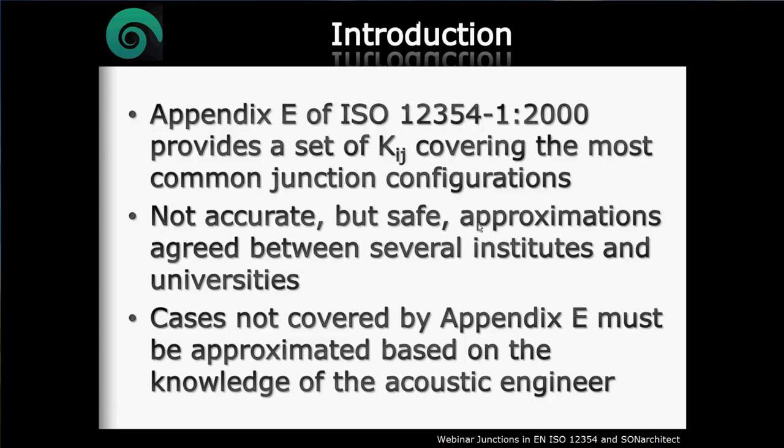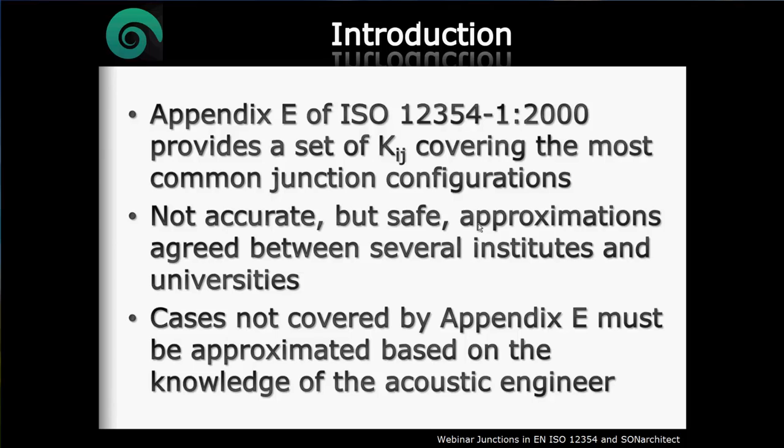But the fact is that we still have the same KJ indexes in the standard. And in order to calculate for new models or models outside this Appendix E, we have to go to research. I mean to articles in journals and things like that.